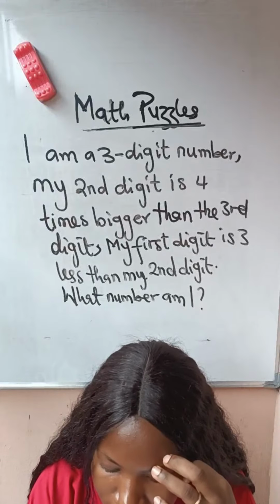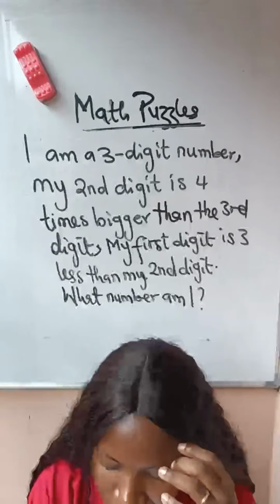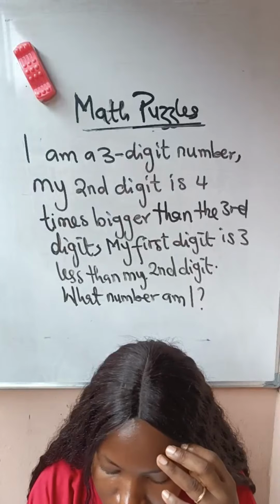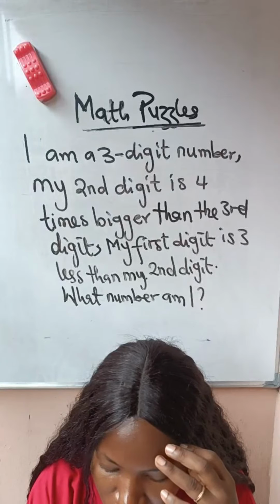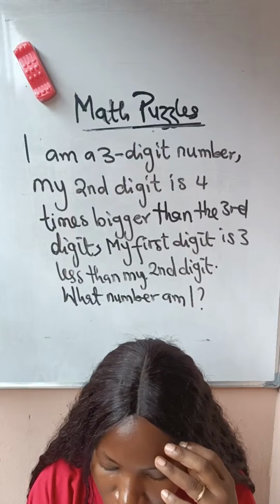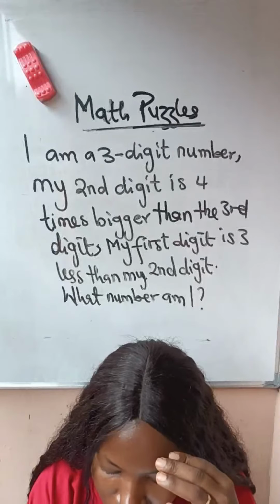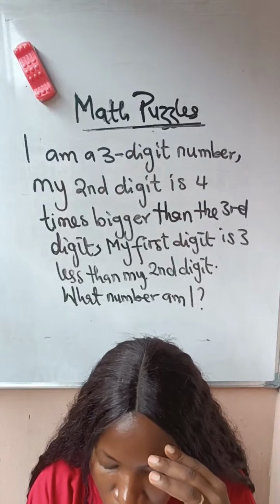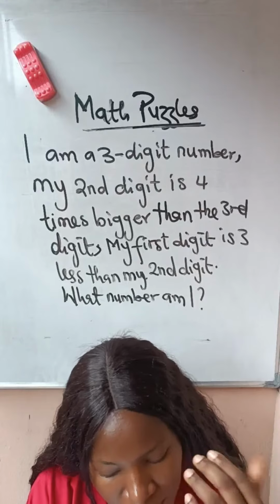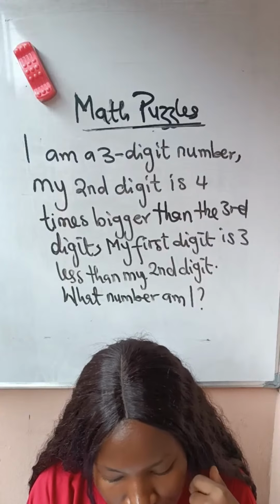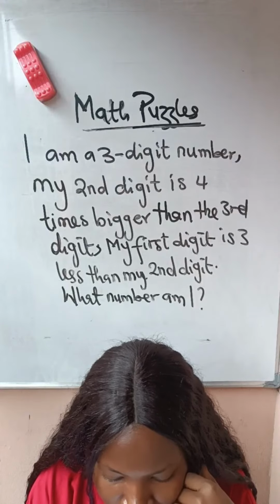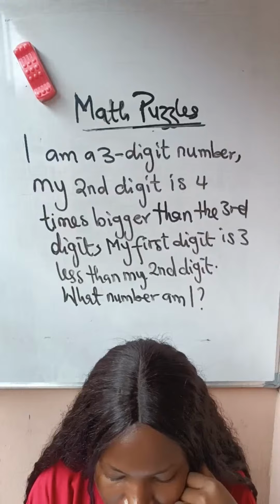Okay, Grok is saying I should answer it. 36 is saying 251. You say the second digit is 4 times bigger, but that is not possible. If you say 1 times 4, you're going to get 4, not 5. So that cannot be the answer. Please try again.